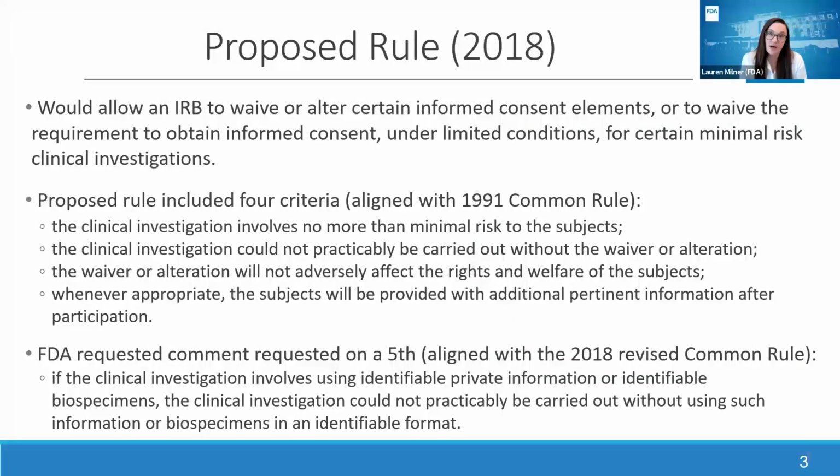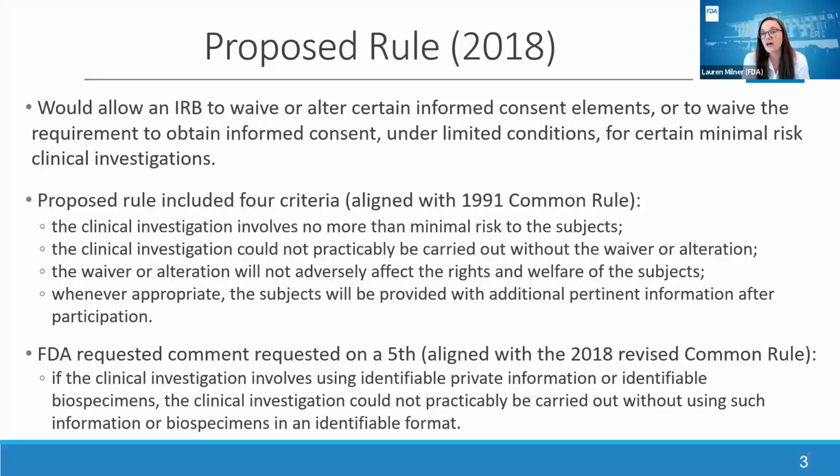Two years after the law was enacted, in November of 2018, FDA issued the proposed rule to permit IRBs to waive or alter informed consent under certain conditions for these minimal risk clinical investigations. The proposed rule included four criteria, the original four criteria that have been in the common rule since 1991.